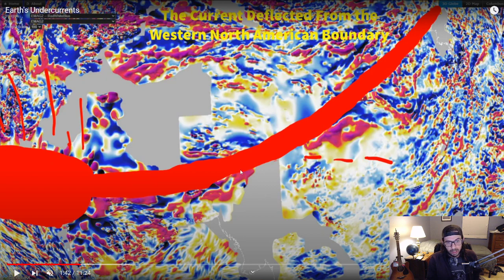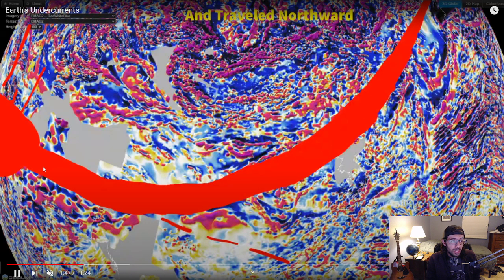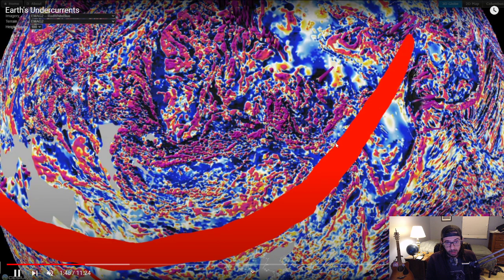I think this current carves through it in ways, but it's very complex and there's much to it. But significantly, the majority, at least in the final record, it's hard to say. Maybe initially it went more this way, but essentially it went this way, traveled northward.